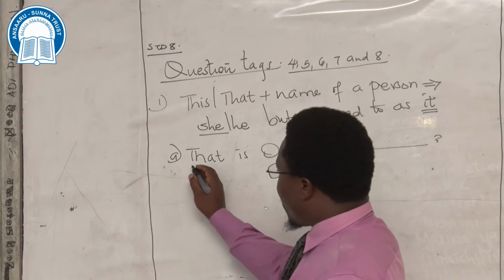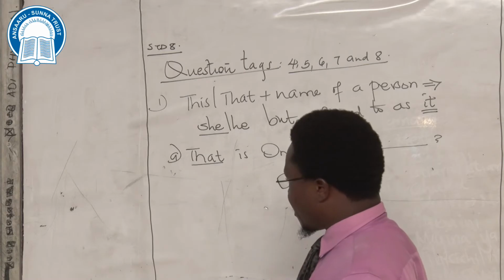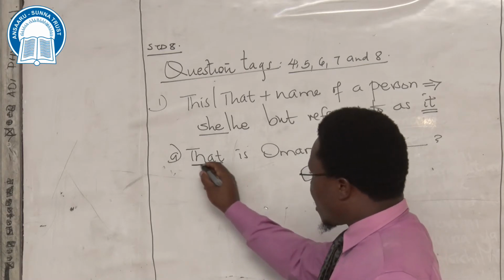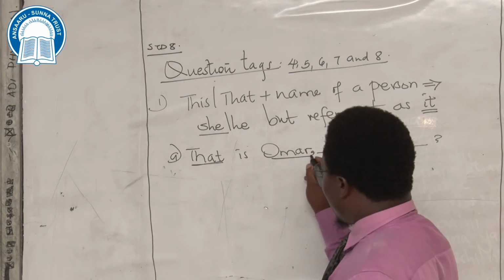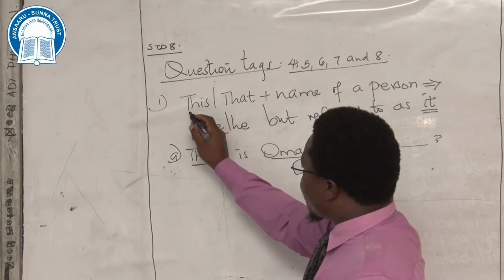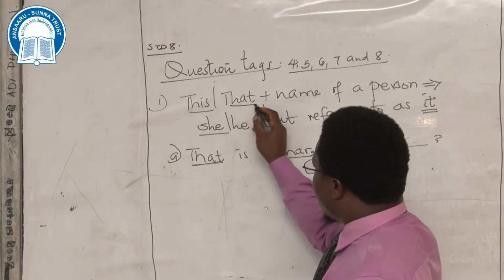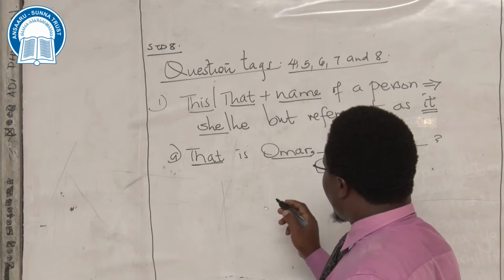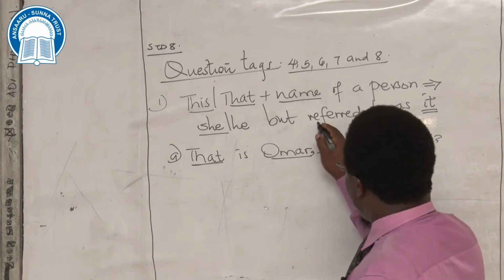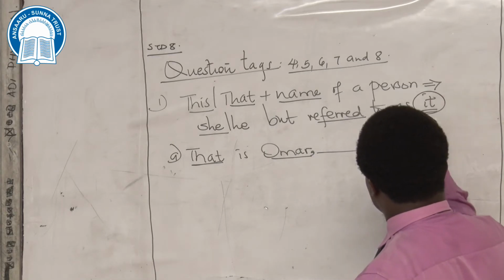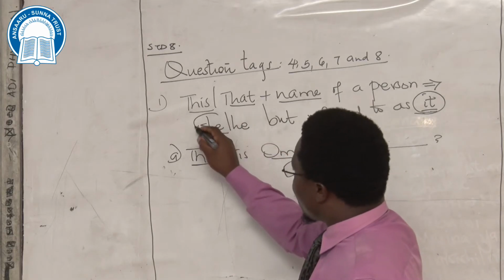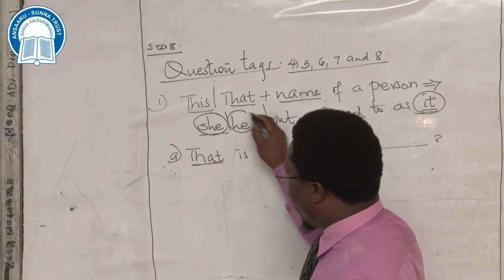So a key reminder here is that. What about that? And Omar reminds us of this rule that this or that followed by the name of a person is referred to as it, but not she or he.